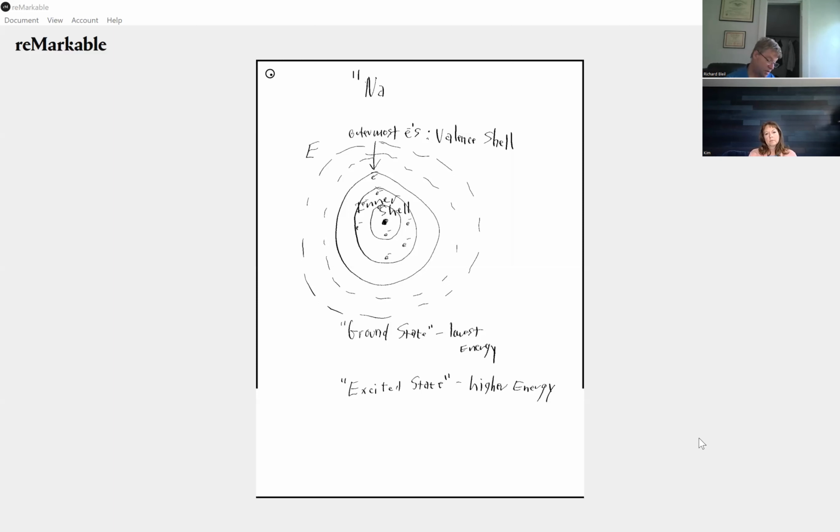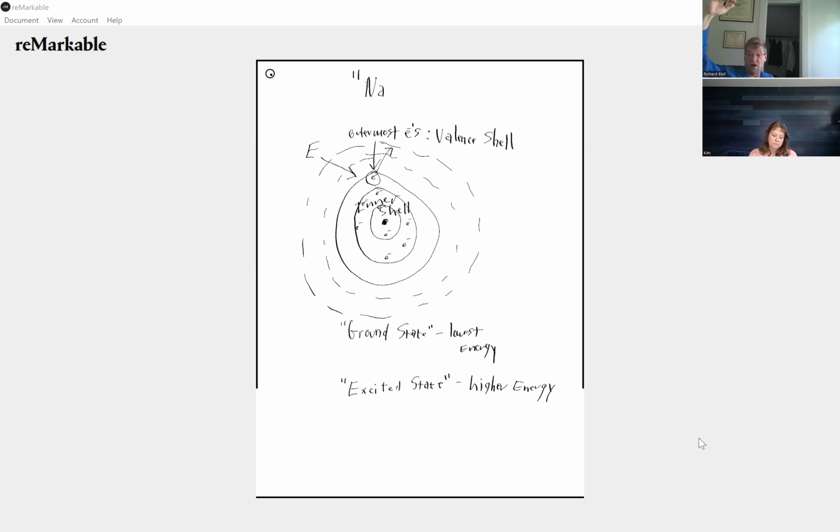If you input some form of energy into this atom, heat, laser light, something, it's going to cause this valence shell electron to jump from the ground shell. It's going to absorb that energy to a higher energy shell, to an excited state. So it's going to go from the ground state to an excited state.